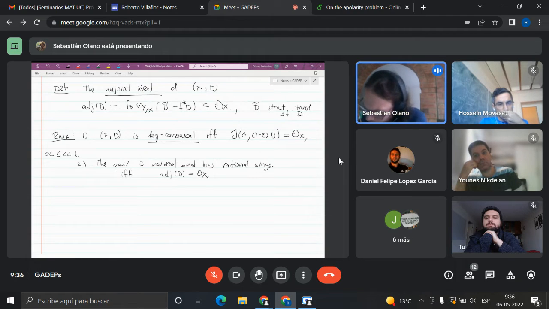Let me give you one property they satisfy, in the same flavor as the final geometric application I will show about weighted Hodge ideals.